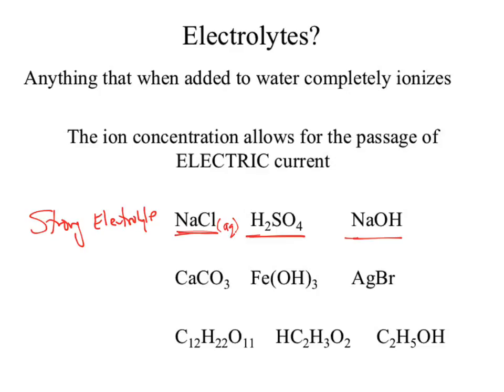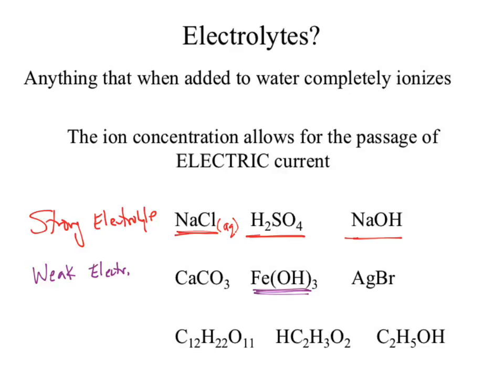Why weak? Weak electrolytes, you're right. So now we need to come up with an idea why. I heard an option of they're not strong. Okay. So I'll accept that for the iron hydroxide, because that wasn't one of the strong ones. So that's a weak base. But I don't accept that for the calcium carbonate and the silver bromide.